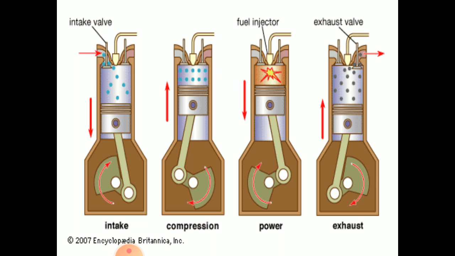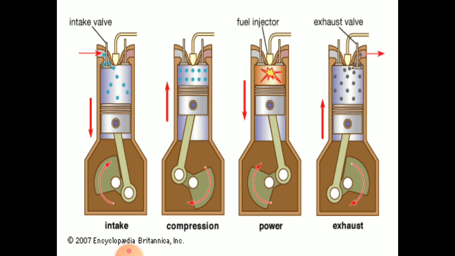And in third stroke, both valves are remaining closed, and when piston is at topmost position, the fuel is injected with the high pressure and temperature. Here fuel is burned and it expands. So piston moving from top to bottom and we can get the power during this stroke.